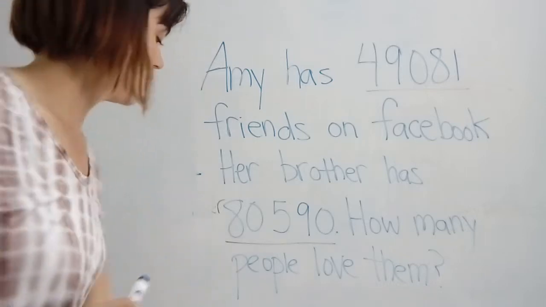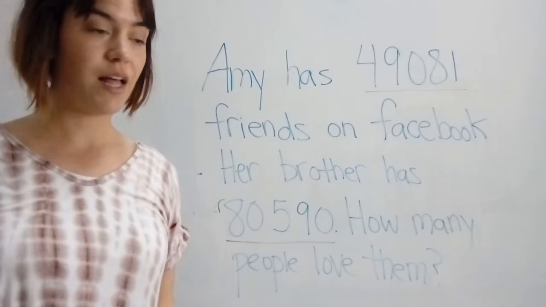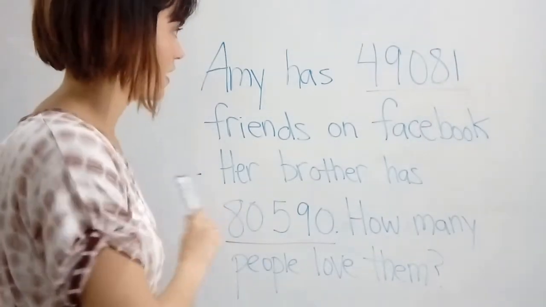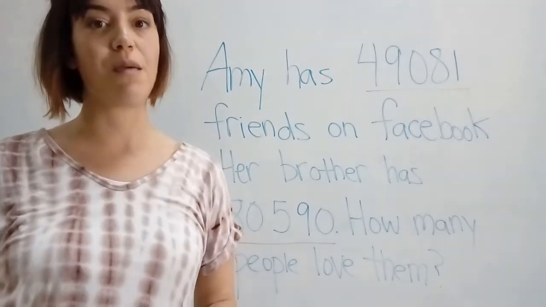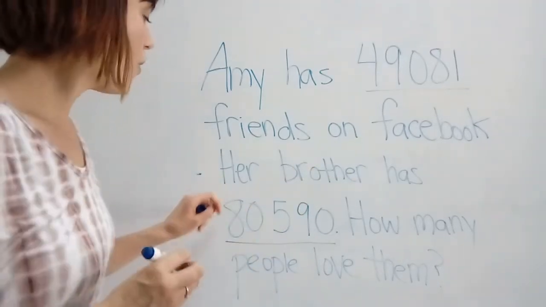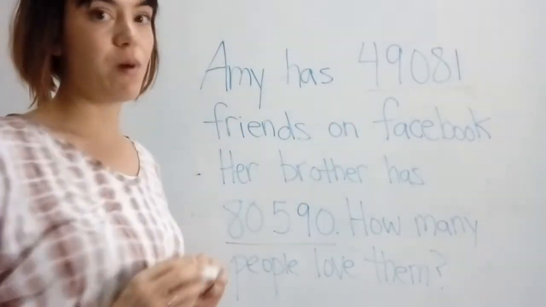Next, what if I said how many more people like Amy's brother on Facebook than are friends with Amy? Or how many more friends does her brother have? I always take the bigger number minus the smaller number.